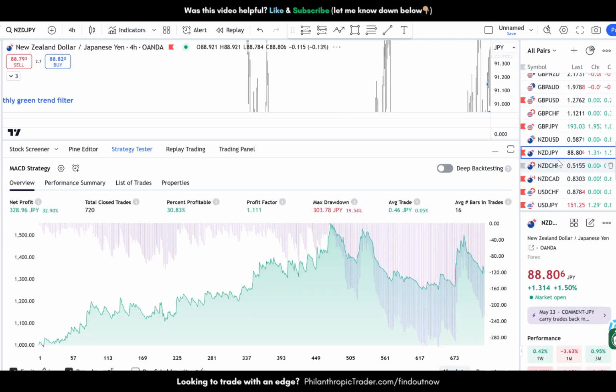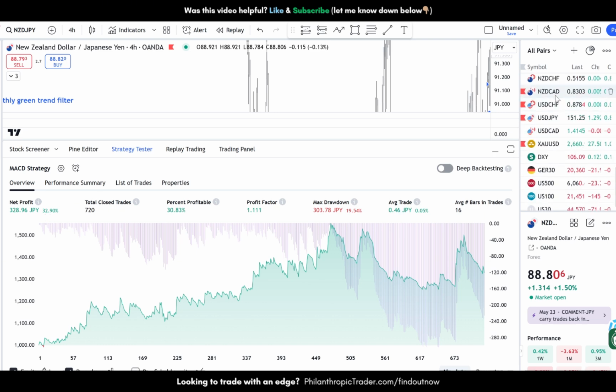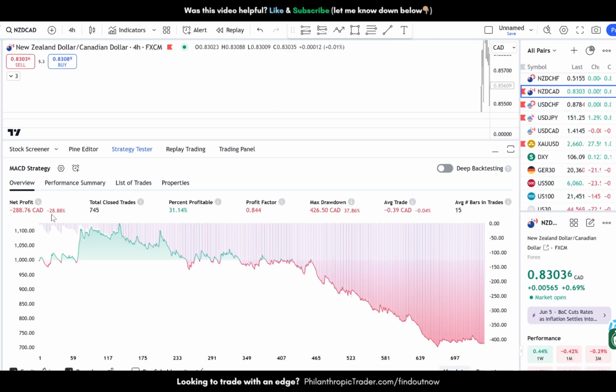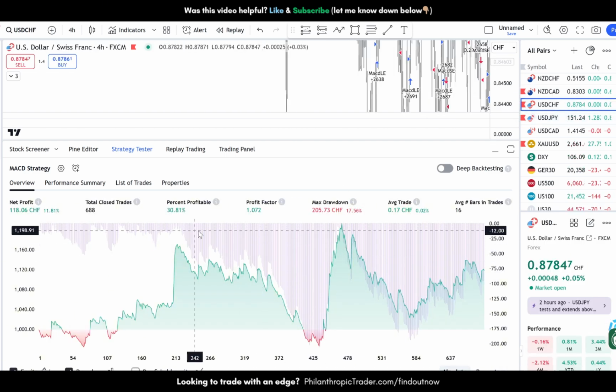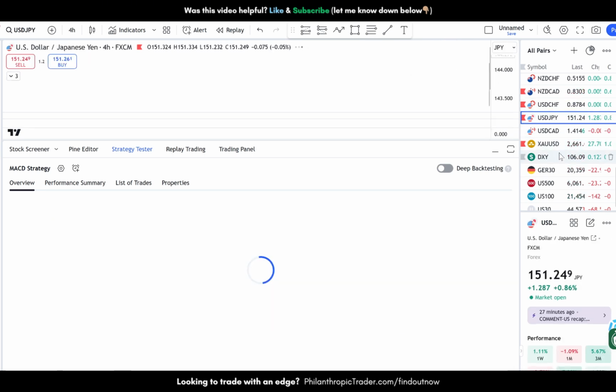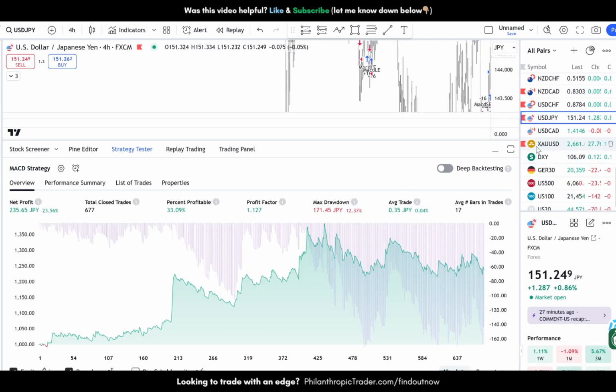So we have the NZD/JPY again plus 32%, and we have the NZD/CAD, which is minus 28%, but again we saw the GBP/JPY, which covered these and the other one with a little bit of drawdown entirely. Here we have another 11.8% gain. We have 23% gain.